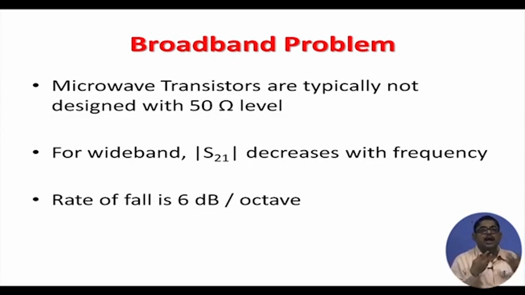So, ultimately any amplifier should be designed for 50 ohm, but unfortunately if we look at the S21 parameter of the device itself, that has a frequency response which decreases with frequency. Typically it is a fall off of 6 dB per octave. So, as we go higher and higher in frequency, S21 decreases. That problem we will have to tackle when we attempt a broadband amplifier design.